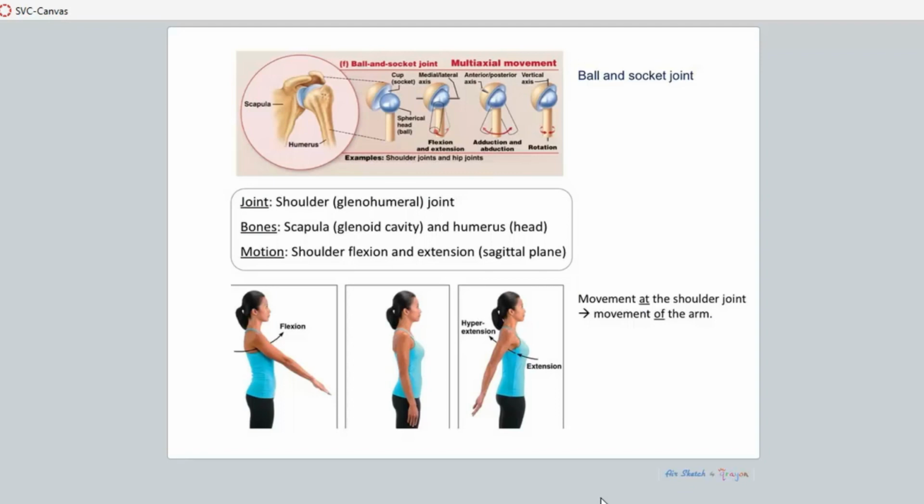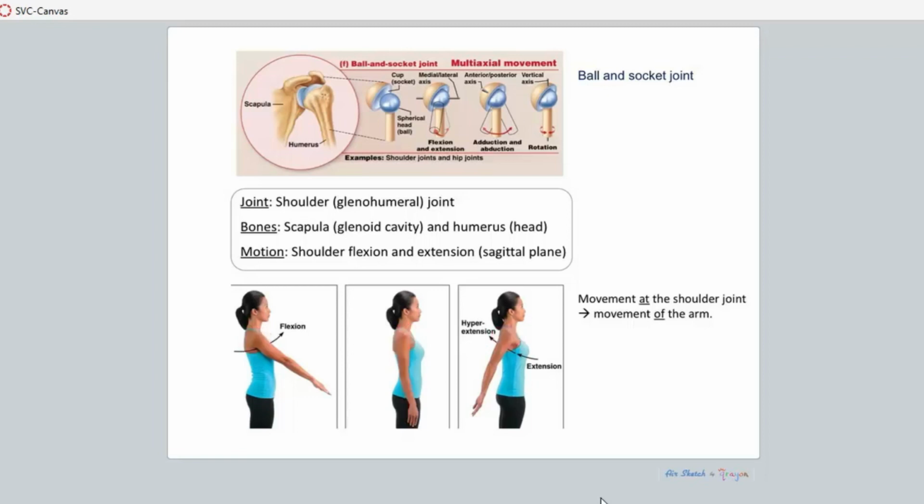How about at the shoulder joint? The shoulder joint is a ball and socket joint. The head of the humerus is the ball, and the socket is the glenoid cavity. Ball and socket joints allow for a wide range of movement, including flexion and extension. Again, these are occurring at the shoulder joint.